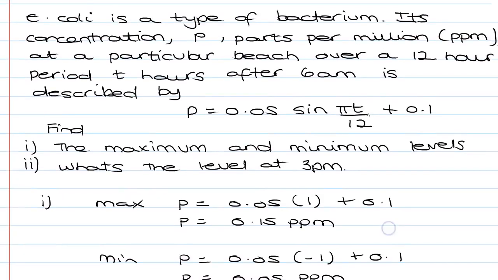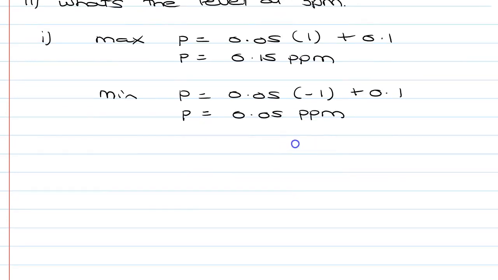Now, the second part of the example says, what's the level at 3 p.m.? Well, we've got to work out what the value of t is at 3 p.m., because t starts at 0, but 0 is 6 a.m. So 3 p.m. is when the time t is 9. So 9 hours have passed since the beginning. At 3 p.m., t equals 9.